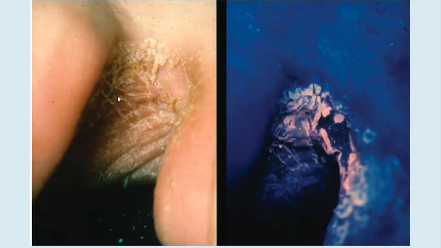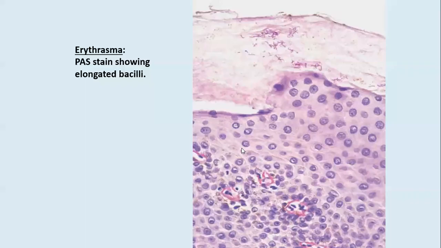So this is a toe or toe cleft infection. It simulates tinea pedis, but in tinea pedis there is no fluorescence. And if we do a biopsy and a PAS stain, then these bacteria take up PAS and look like hyphae, although they are not separate hyphae, but rods, they take up the PAS stain.